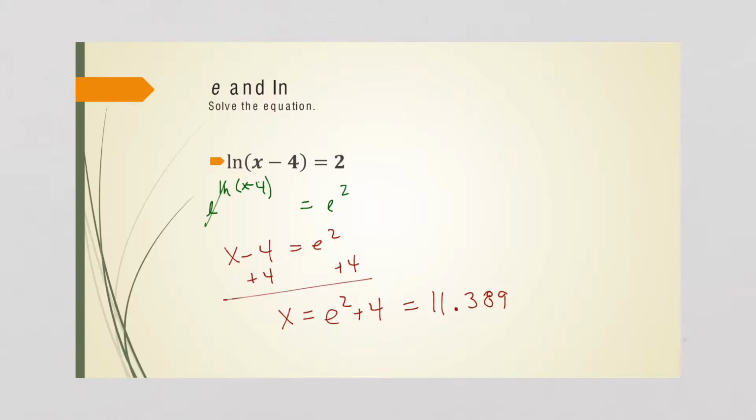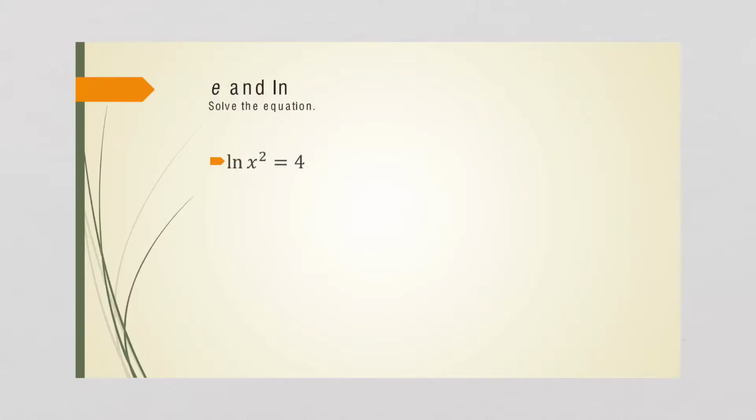So to do e and the natural log, we have to use them in each case. Remember, e is our exponential part. So we raise both sides to e, and raise each side into the exponential part. So in this example, very similarly, e to the natural log of x squared equals e to the 4th.